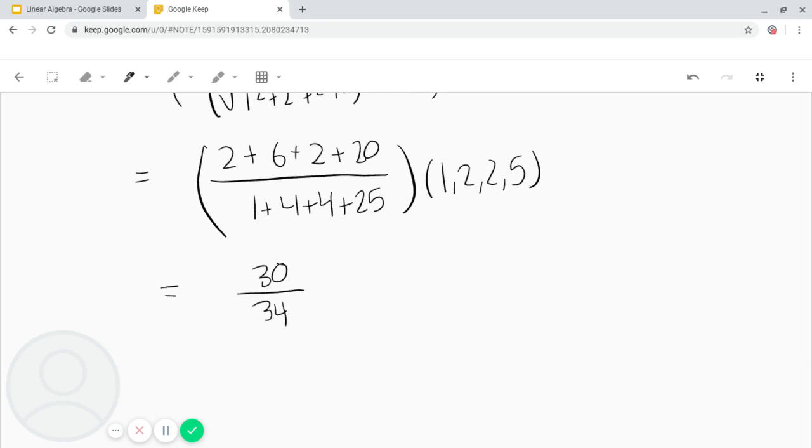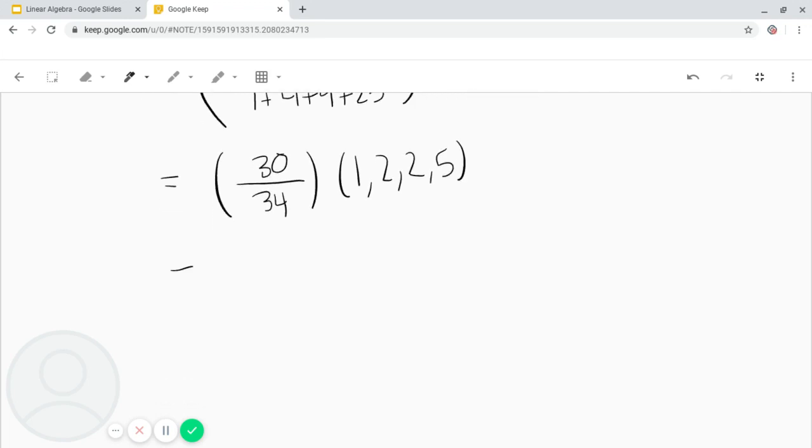Just want to verify that. 34, times (1, 2, 2, 5), which is equal to 30 over 34, 60 over 34, 60 over 34, and 150 over 34. So that's W1.